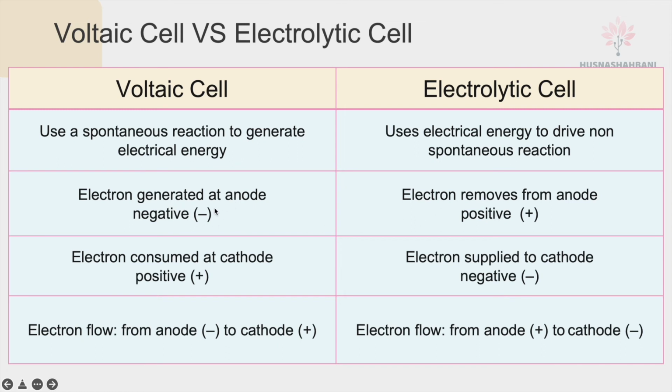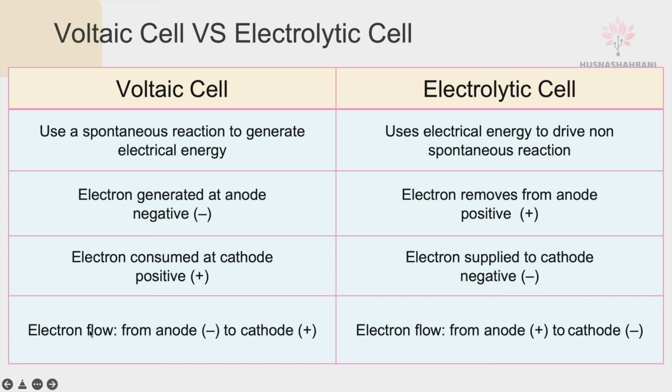Anode in voltaic is negative. Anode in electrolysis is positive. In voltaic cell, electron is consumed at the cathode, electron received at the cathode, but your cathode is positive in voltaic cell. In electrolytic cell, cathode is negative.